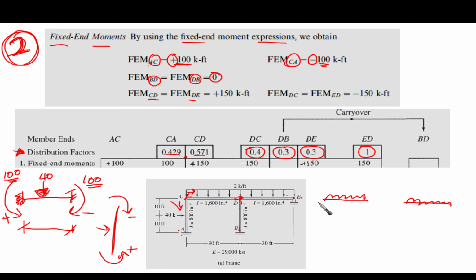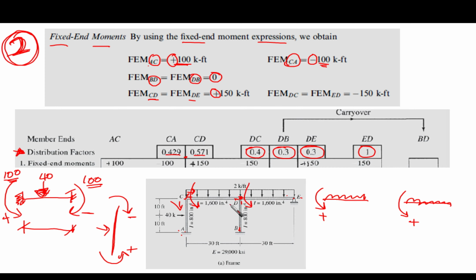So this means that we're going to have this moment, which is going to be positive here, and this moment is going to be positive with the same magnitude and sign. So it will be WL squared over 12, for example. Then we're going to have it positive. So this is why we said that fixed end moment CD is here, and fixed end moment DE is going to be here.